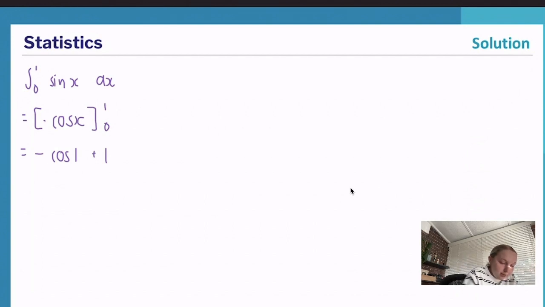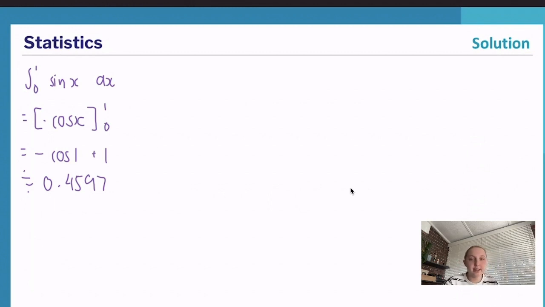And then if we put that in our calculator, if everybody wants to give a go putting that in their calculator, then we're going to get, it's just about equal to 0.4597 to 4 decimal places.